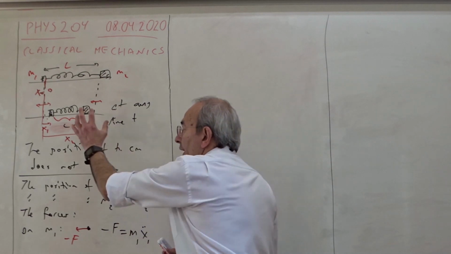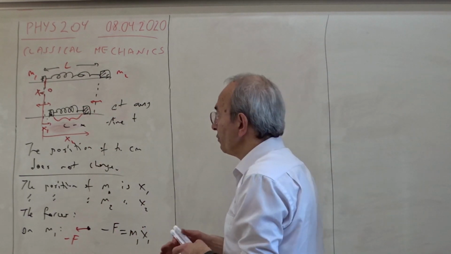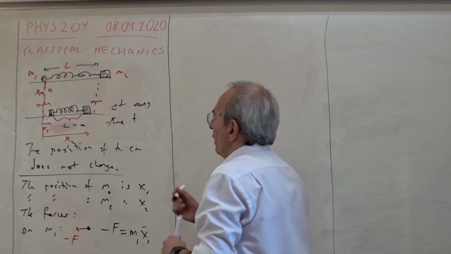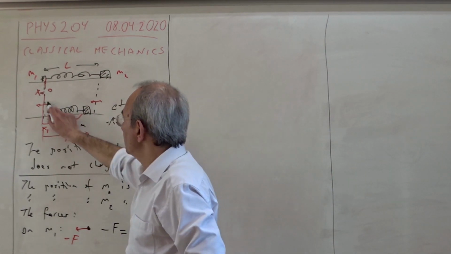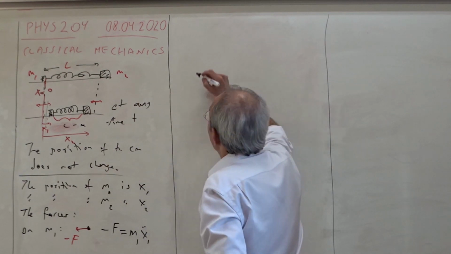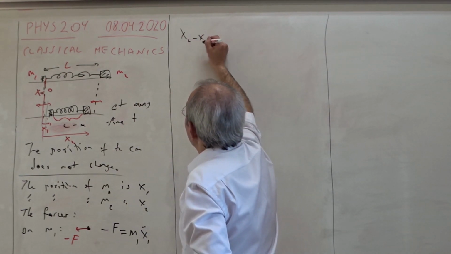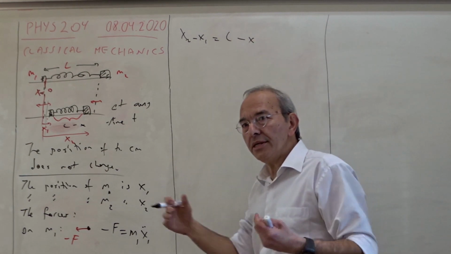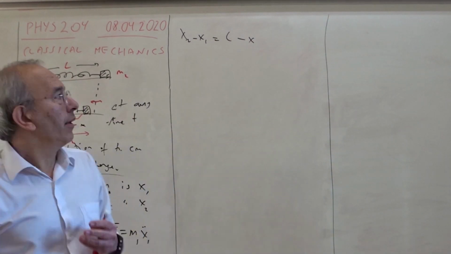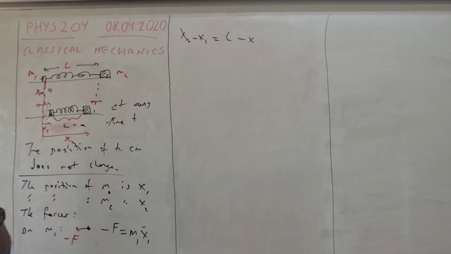If you consider the length of the spring, what do we get? We have the difference x2 minus x1. So this distance is x2 minus x1. On the one hand we have x2 minus x1, on the other hand we have L minus x. L is the initial unstretched length, x is the amount of total compression.